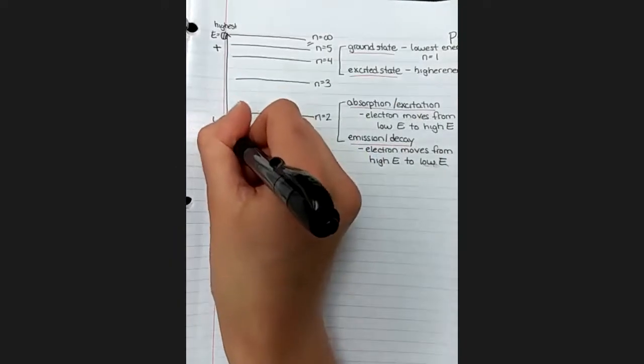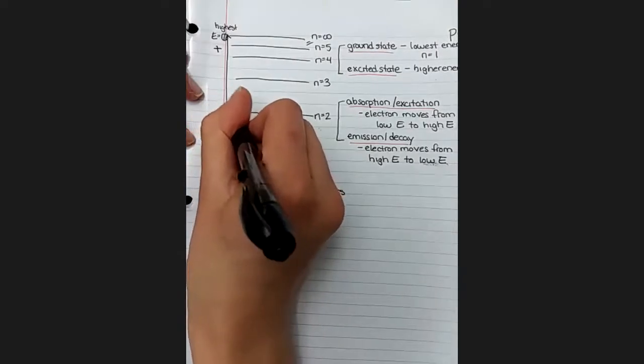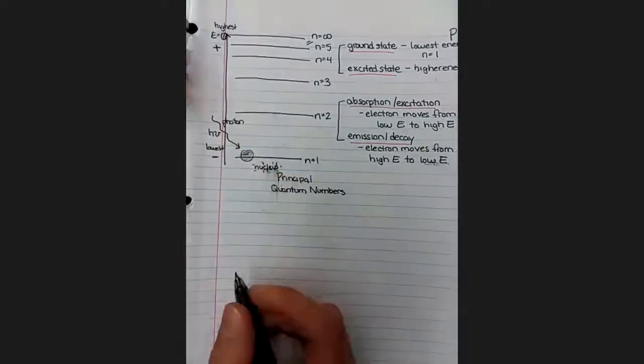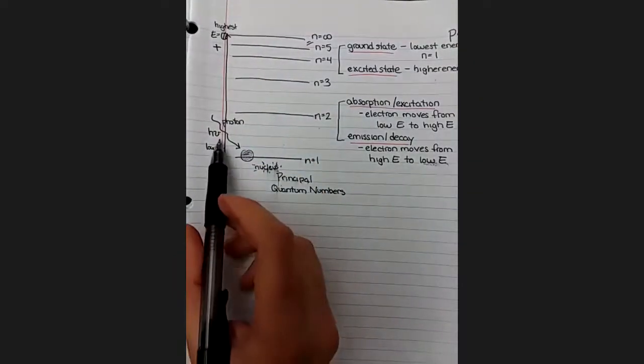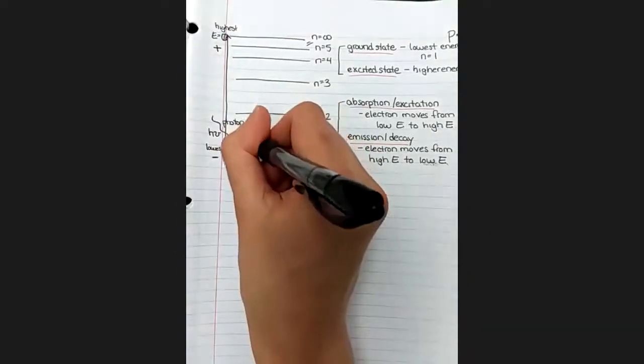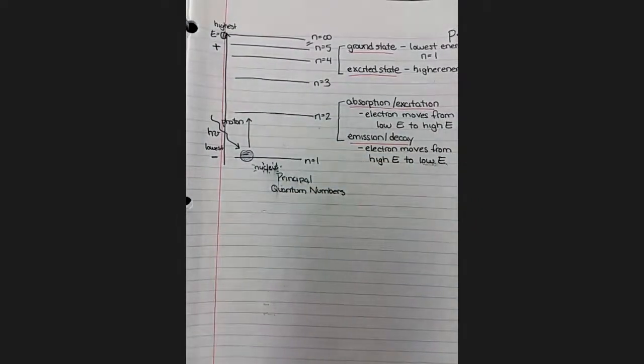And so the energy comes from light. So we can call that a photon, a little light packet, or sometimes scientists like to write h nu to indicate this is a photon. So your electron absorbs energy and it is excited up to a higher energy level, up to n equals 2.